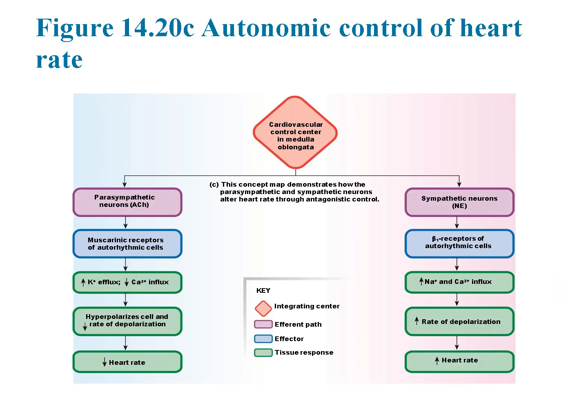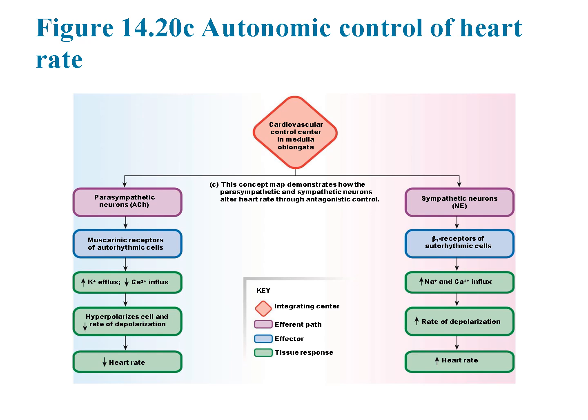The cardiovascular control center, located in the medulla oblongata, plays a crucial role in regulating heart rate by coordinating autonomic input from both the parasympathetic and sympathetic nervous systems. This diagram illustrates how these two systems exert antagonistic control over the sinoatrial node to modulate heart rate.